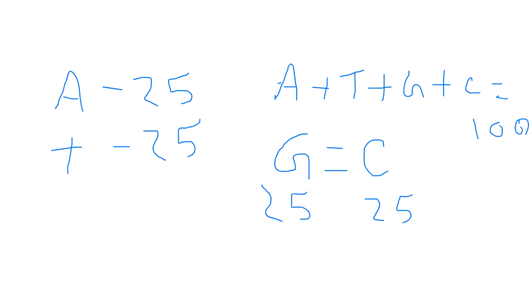So it means if I know the amount of A, I can easily find out the other three nucleotide percentage. This type of question also can come in the final exam.